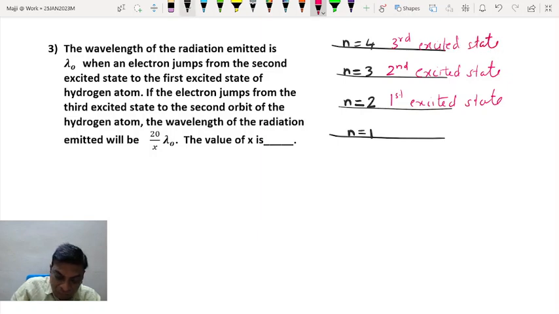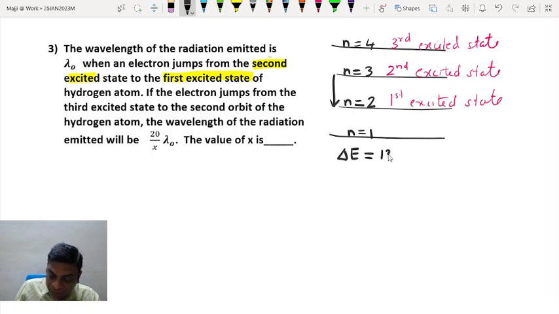Right. So now moving on to this, when an electron jumps from the second excited state to the first excited state, that means this transition. Now you know that energy radiated is nothing but the difference in energy between the corresponding orbits.